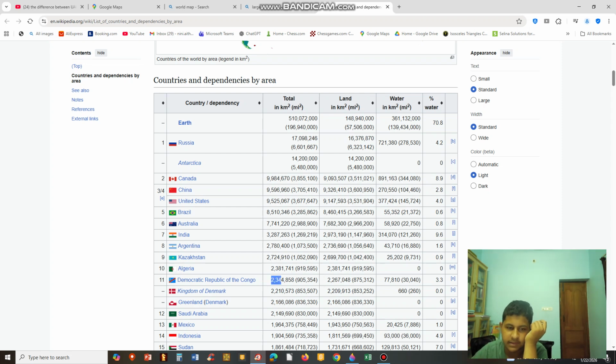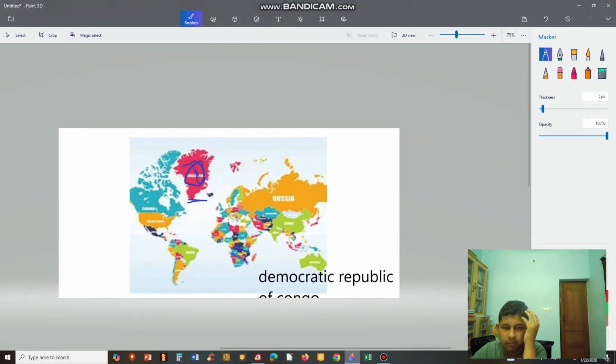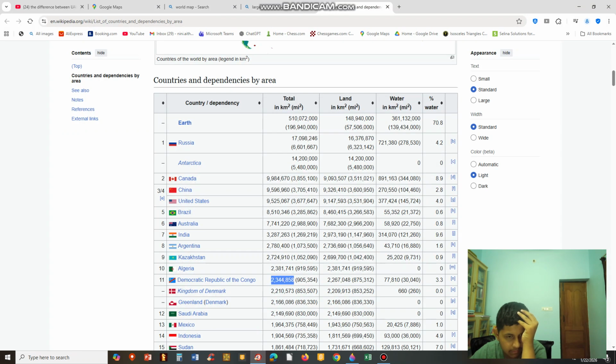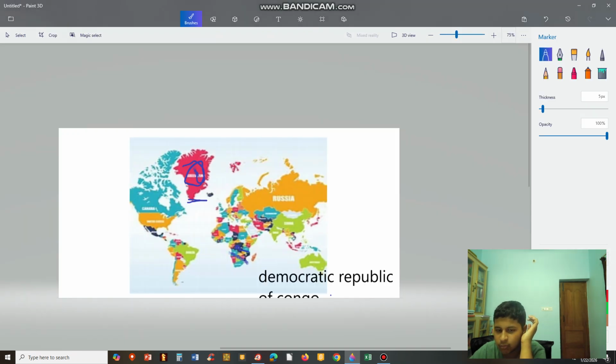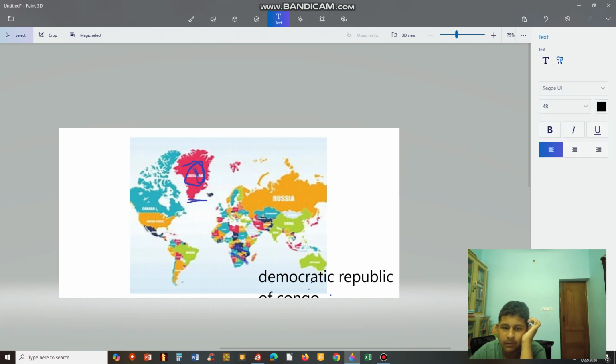And this nation, the tiny one which is shown in the dot, is 11th. I know most people have wondered how that could be possible.